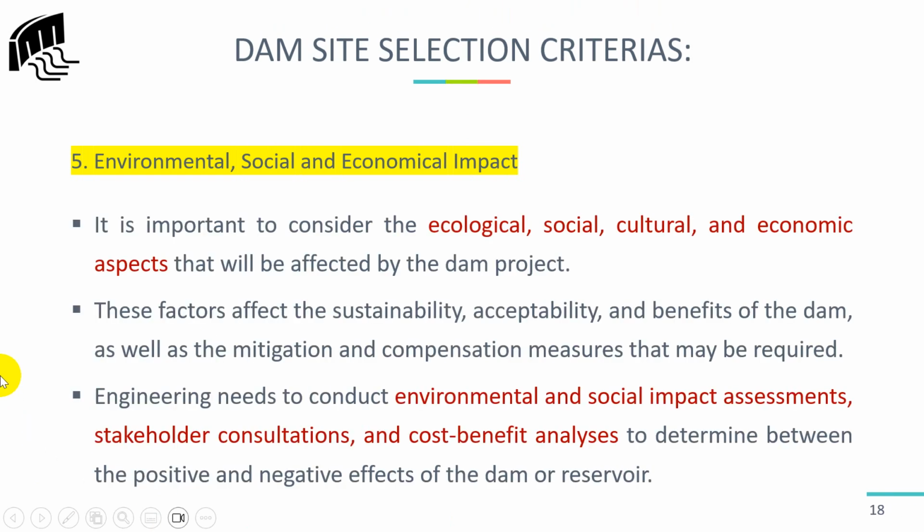Number five, environmental, social, and economic impact. This is not fundamental, but it is also important to consider when selecting the dam site location. It is important to consider the ecological, social, cultural, and economic aspects that will be affected by the dam project.